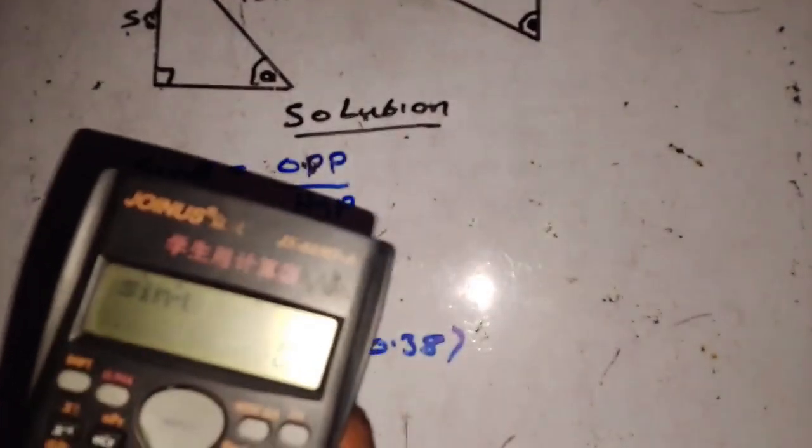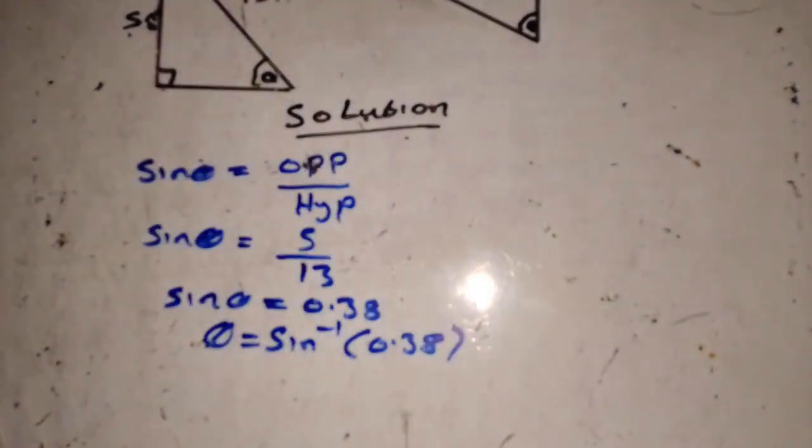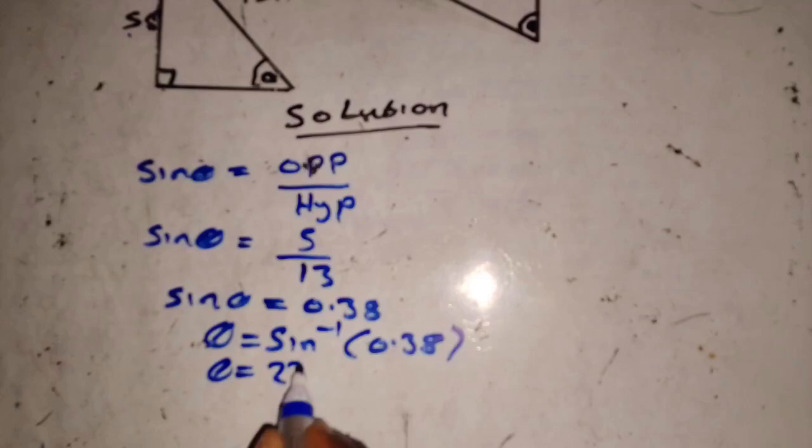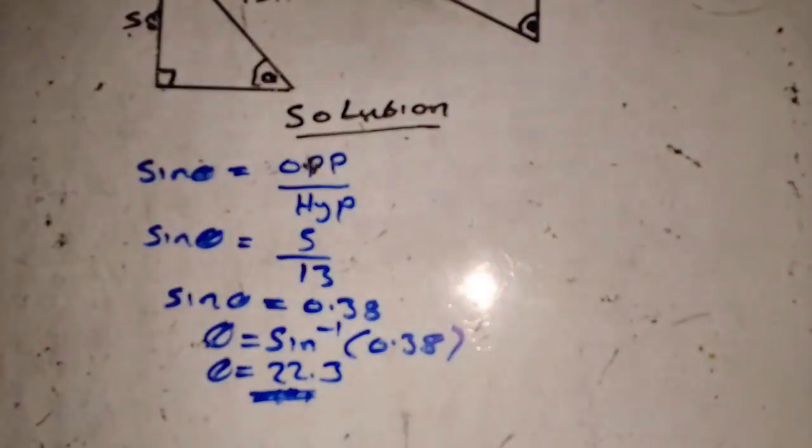Then open bracket, put the 0.38 inside. It gives you 22.3. So theta is equal to 22.3. This is the missing theta here.